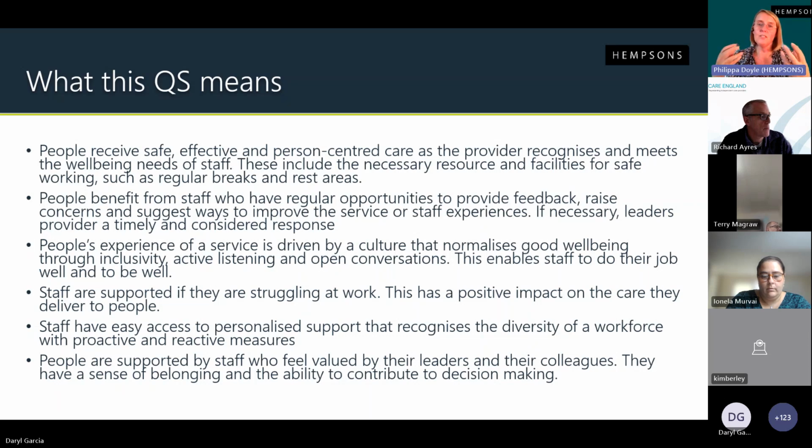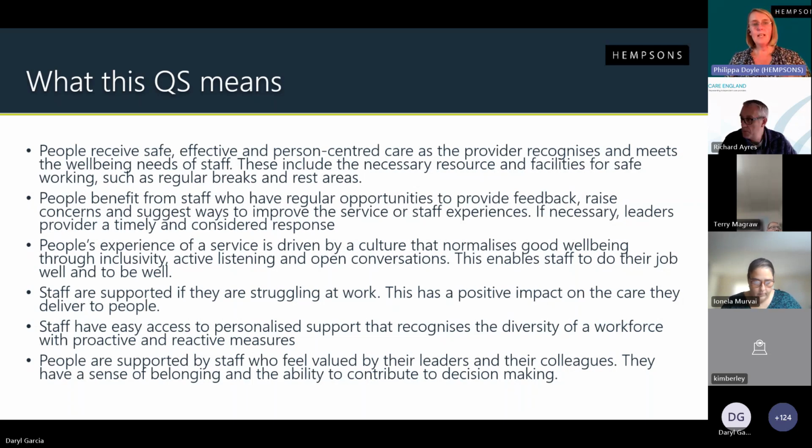They want to see and hear that you as a provider aren't just dictating to staff how the service is going to operate and how the business is going to run. The staff have got a real involvement in the running and the operation of the organisation. So they've got those regular opportunities to provide feedback, but they can also raise concerns without fear of reprisal as well.